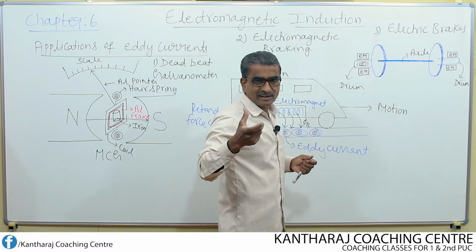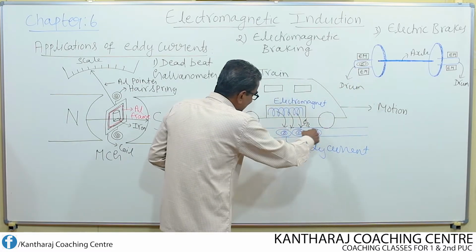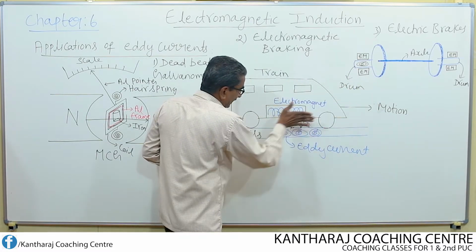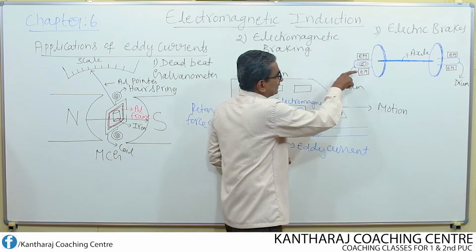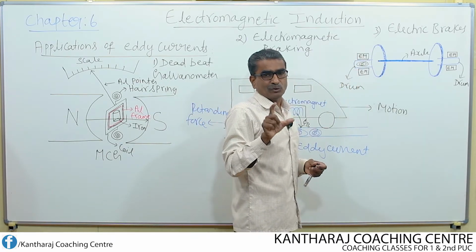Now since there is a relative motion between the electromagnet and the drum, as you noticed in the previous case, relative motion between the train and the rail. So here also the electromagnets are fixed, the electromagnets are not in motion.